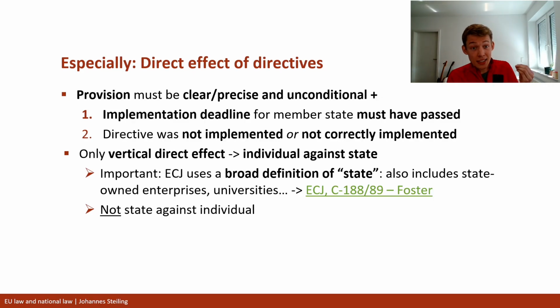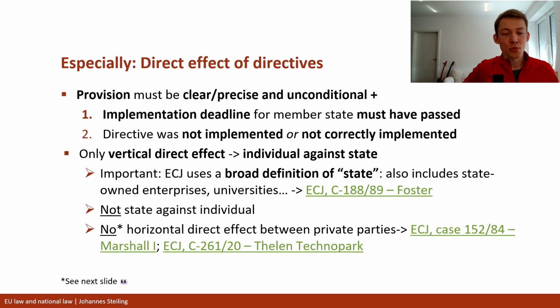And the ECJ has also, in principle, held that there's no horizontal direct effect of directives, so no direct effect between private parties. So when we come back to, let's say, the right to withdrawal, right? Let's take a case. I order something online, and this is not the case anywhere, but let's say that the Consumer Rights Directive has not been implemented by Germany.